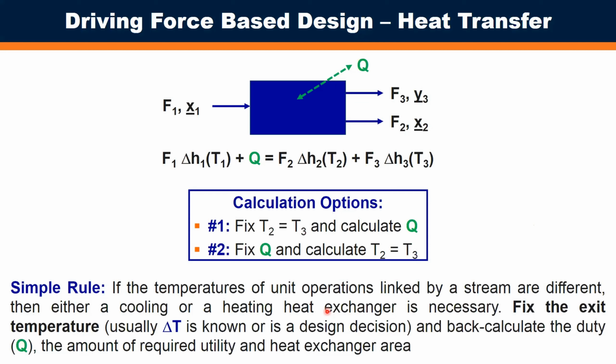And in fact, there was a question to Professor Ghani at the end of the previous talk about the minimum approach temperature. That is something that is typically specified either for sections of plants or even plant-wide. So that might be known already, which allows you to fix the exit temperature and calculate the duty. Once you have the duty, you can identify the required utility amounts and the corresponding heat exchanger area.